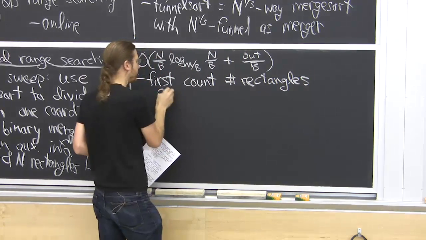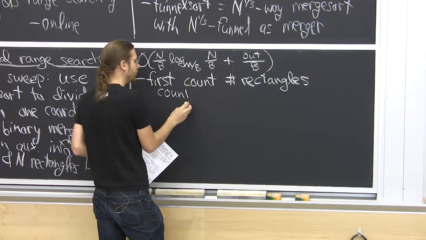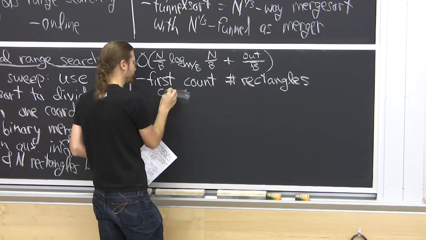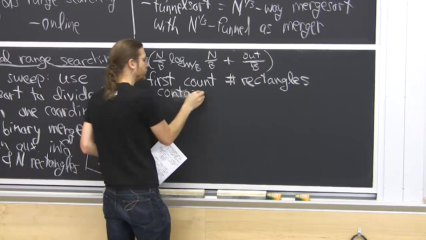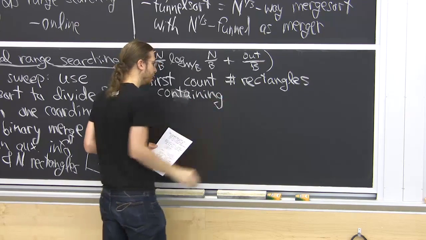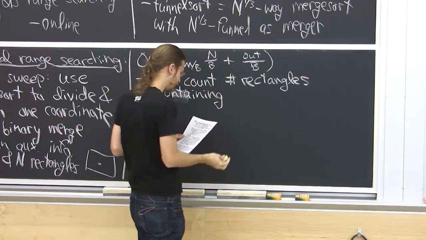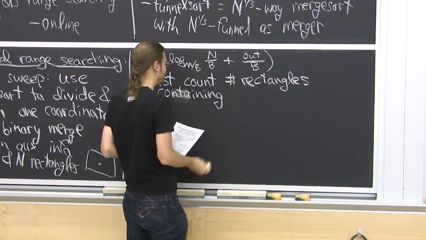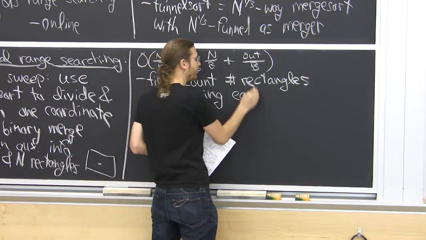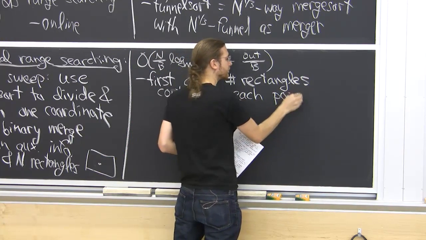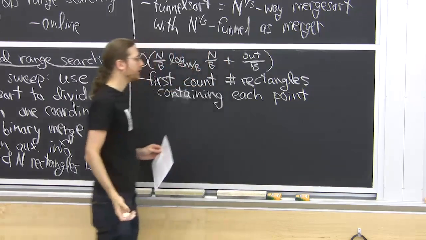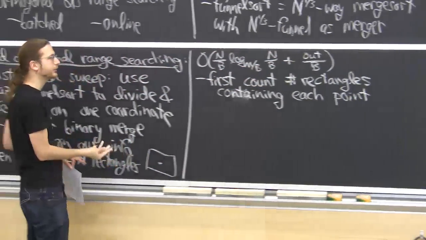So remember, we've talked about range reporting and also range counting. You just want to know the number of answers. Here's something in between. You want to know for every point how many rectangles contain it. Okay, in particular, this will tell you for each point, does it appear in any of the rectangles in the set?